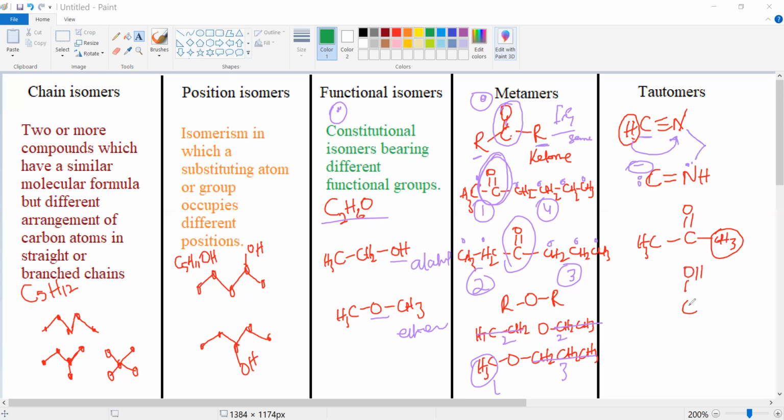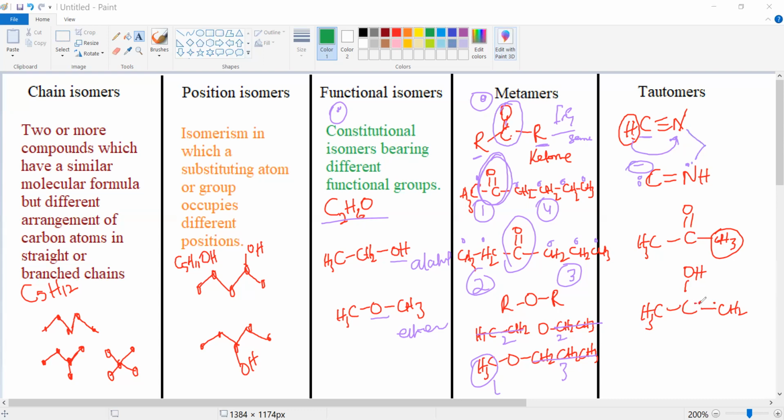It is OH now, CH2, CH3. In this form, I have just shifted 1 hydrogen out of 3 hydrogens over here. Now, this carbon is having 3 bonds, 1, 2, and 3. 1 bond is free here. This carbon is also having 3 bonds, 1 with carbon and 2 with hydrogen. 1 electron is free over here.